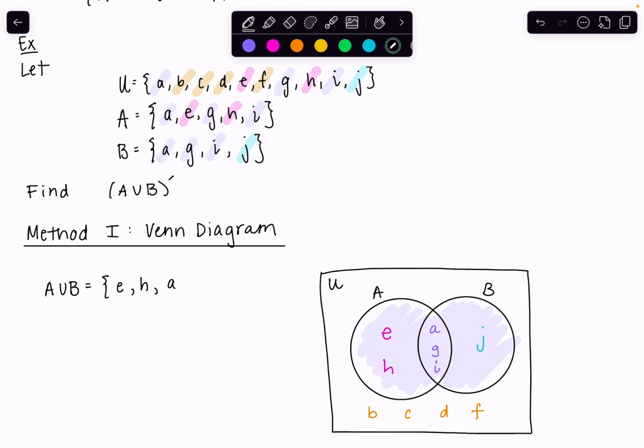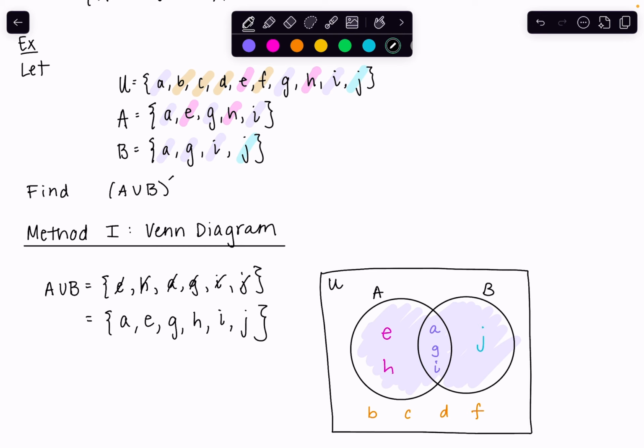So E, H, A, G, I, and then J. But now I'm going to put it alphabetically because that's just going to help me when I have to cross stuff out. So my first letter is A. I don't have B, C, D. E is next. F. And then we've got G, H, I, and finally J. Okay. So those are the letters alphabetically.